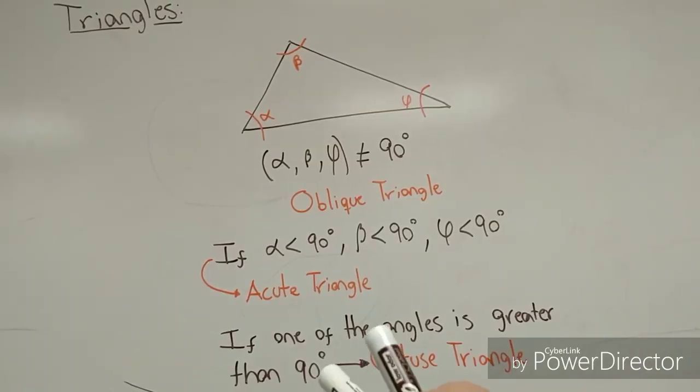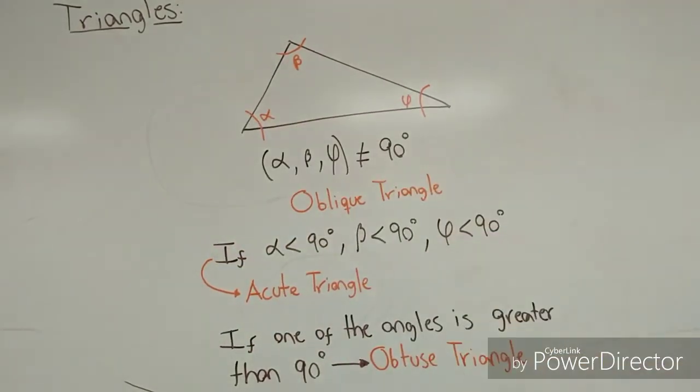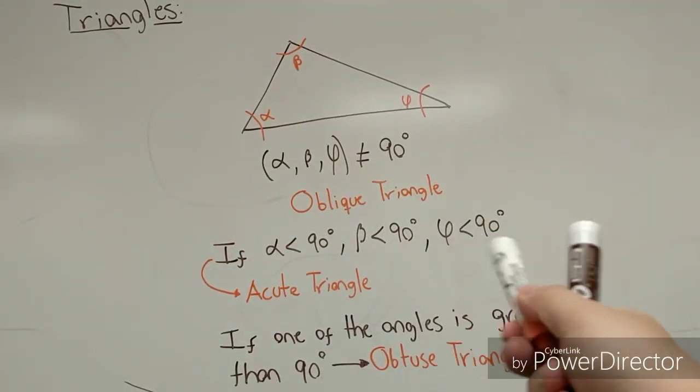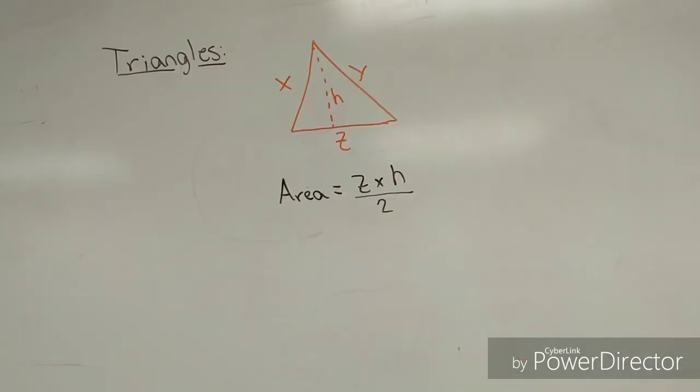And then, if one of the angles, this one or this one or this one, is greater than 90 degrees, then we're going to call it an obtuse triangle. As a side note, no triangle can have more than one obtuse angle. That's one of the important features of triangles.